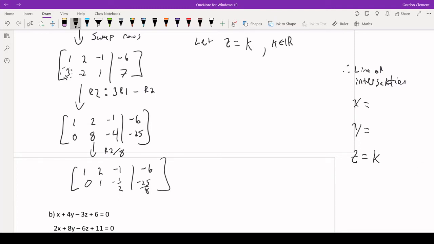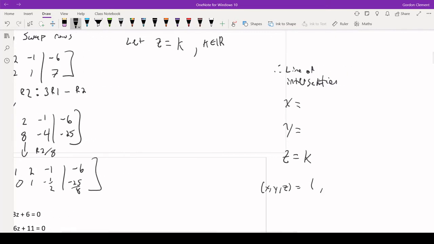So once you get it to that, you typically say let z equal k, where k is some real number. So my parametric equations is going to be z equal k. Since I can choose any point, I'm choosing the starting point with a z of 0. There will be one on this line, and I'm scaling the direction vector so that it's got a 1 in the z coordinate. So that's sort of how I'm setting this up.